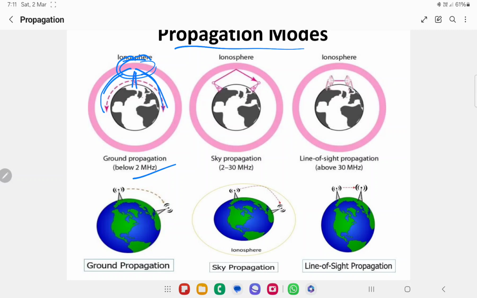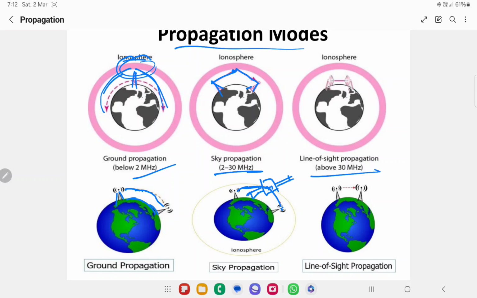Here the signal is traveling along the curvature of the surface of the earth. Next, in sky propagation, here is one antenna and here another. From here the signal is propagated and received here. Or like this, you can see, we can place a satellite, from the transmitter to the satellite, and from the satellite it is received again here.